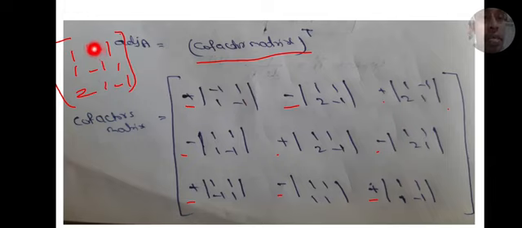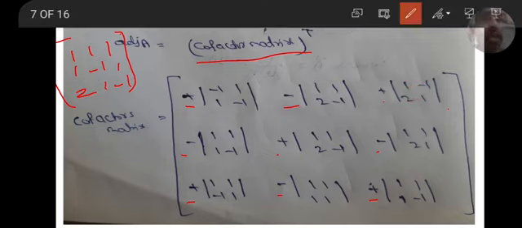Next, for this element's minor, we remove its row and column and get 1 1 2 minus 1. Like that you have to write every element.